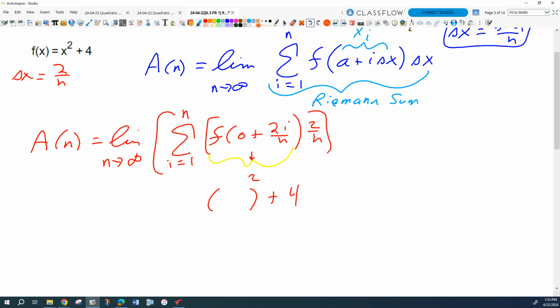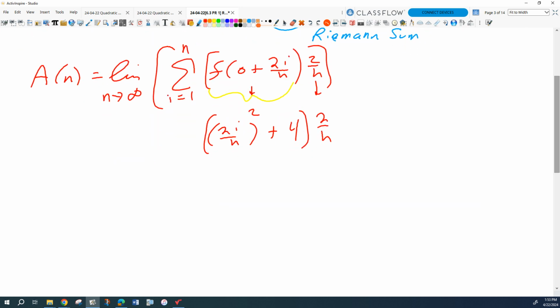Times 2 over n. We won't even go out any further than that for now. Let's just figure out what all that is. Well, what is the quantity 2i over n squared? If I square that, what do I get? 4i squared over n squared, sure, okay.